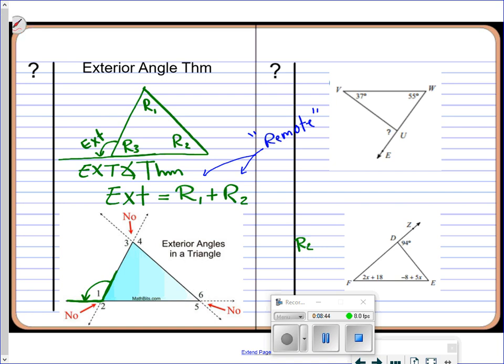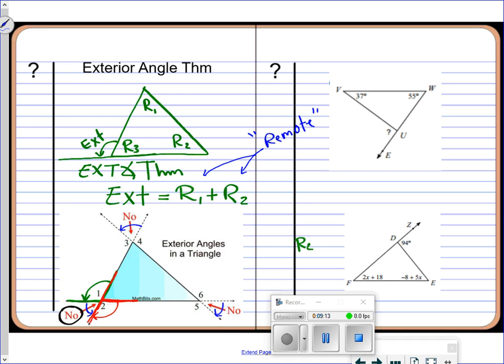Now, if you take a look down at angle number 2, here's a side of the triangle, and here's an extension from this side, right? And that forms that angle. So number 2 is also an exterior angle. Well, where it says no, that's not an exterior angle. That angle there is made up by extending two sides, if you look at it, right? So anytime you extend two sides, you do not get an exterior angle.